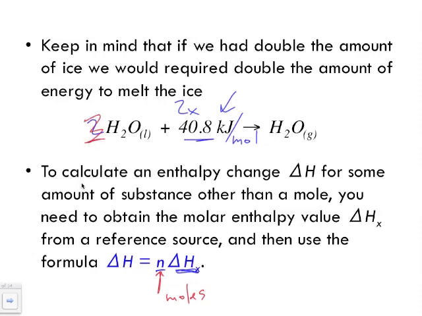Maybe I might have a 3 here, so here we'd have 3 moles. So in here we would put in 3 multiplied by whatever this molar enthalpy of vaporization would be, right? Now sometimes you might just be given the mass, right? In which case, going back to stoichiometry, you're going to need the molar mass of a substance in order to be able to find your n value. So keep that in mind as well.